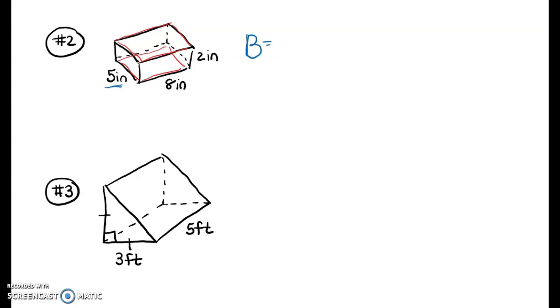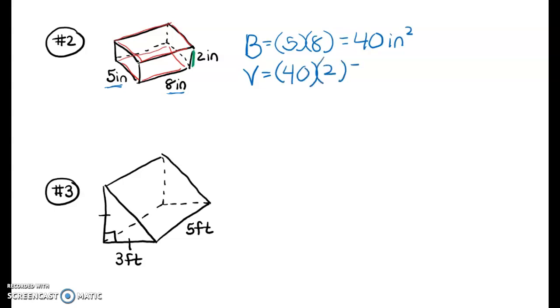We have the width as 5 inches and the length is 8 inches. 5 inches times 8 inches is 40 inches squared. Then we have the height of our box, the perpendicular distance between the top and the bottom, which is 2. So our volume is the area of our base times our height. So this is going to be 80 inches cubed.